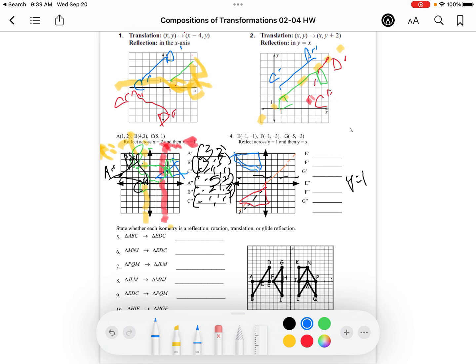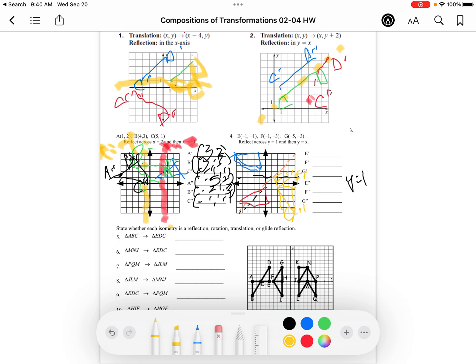So it's kind of an upside down triangle. And finally, by reflecting it across y equals x, we have a triangle here that's going to be E double prime, F double prime, G double prime.